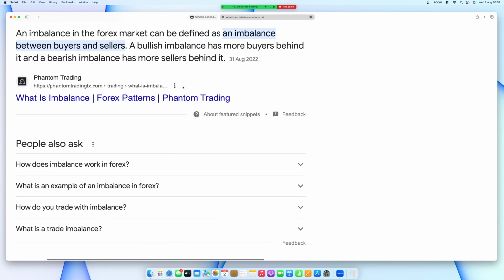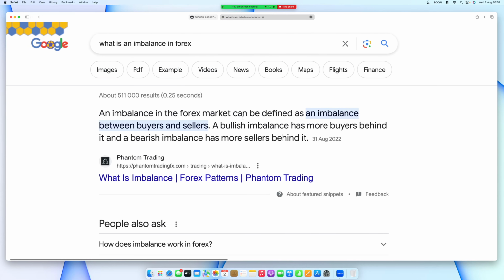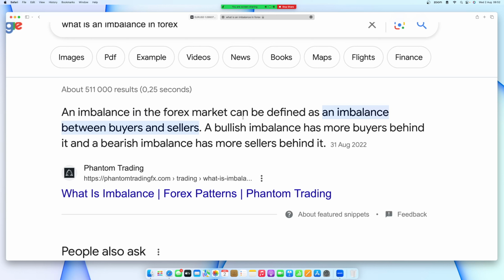You have to put in Forex so they can give us the proper definition. We can see here it says an imbalance in the Forex market can be defined as an imbalance between buyers and sellers. Then a bullish imbalance has more buyers behind it, and a bearish imbalance has more sellers behind it.